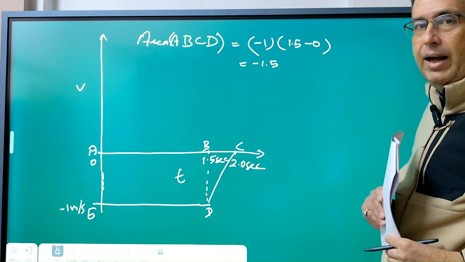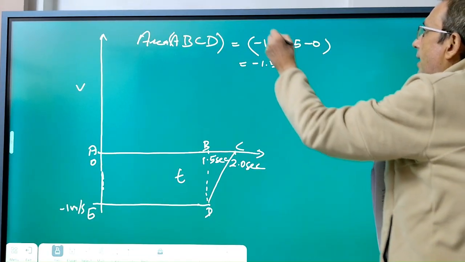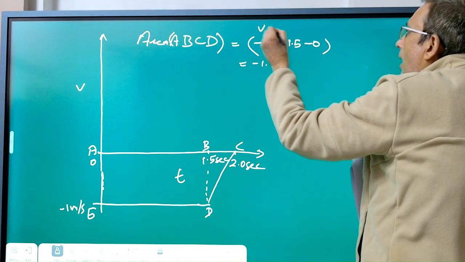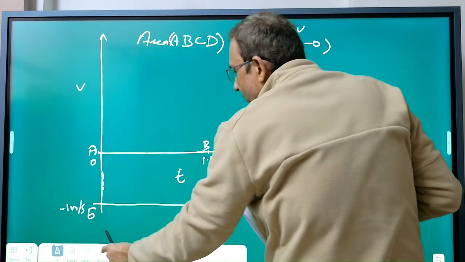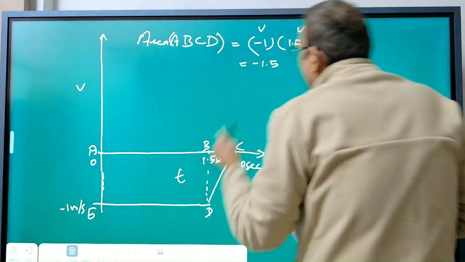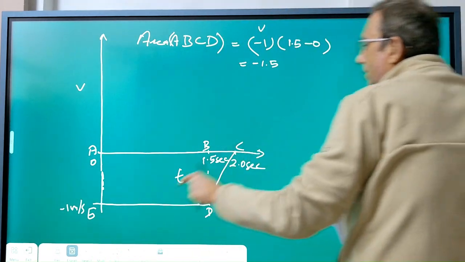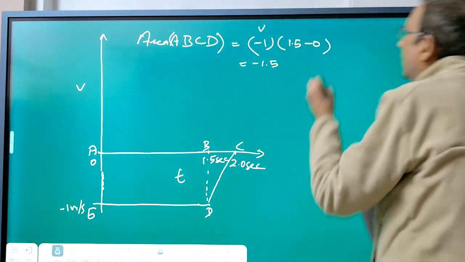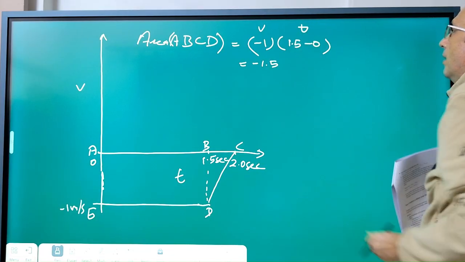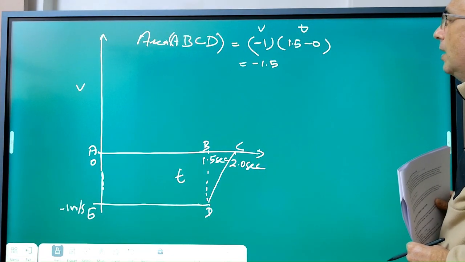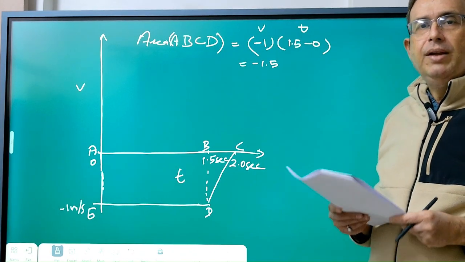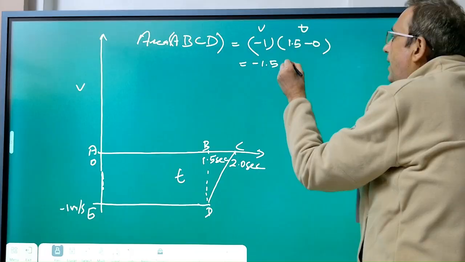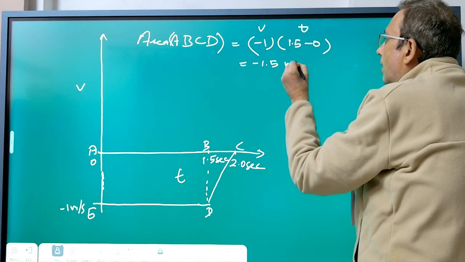This much would be the area, and what would be the units? This is velocity and this is time. So velocity times time is going to give you displacement. So the unit is going to be meters.